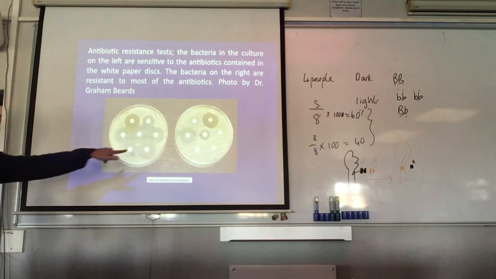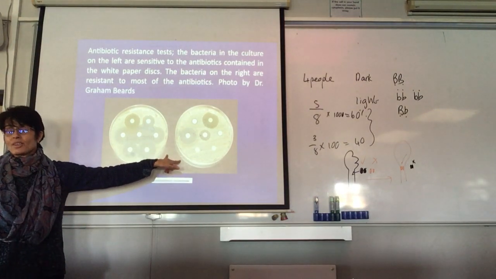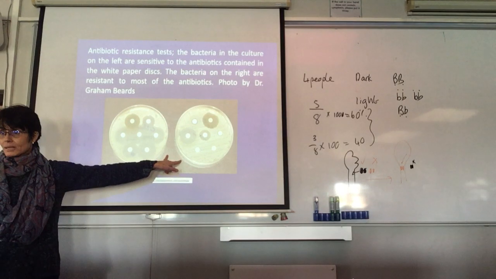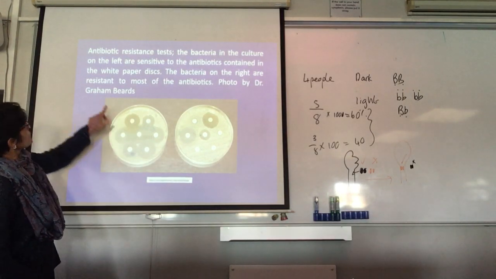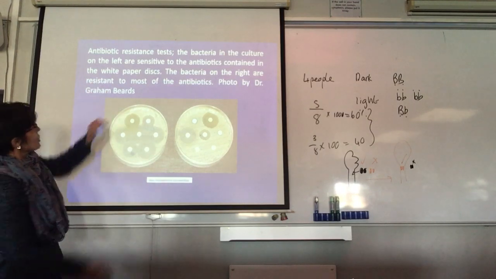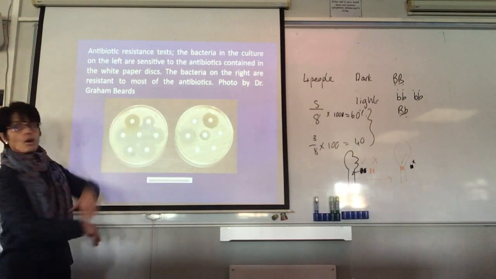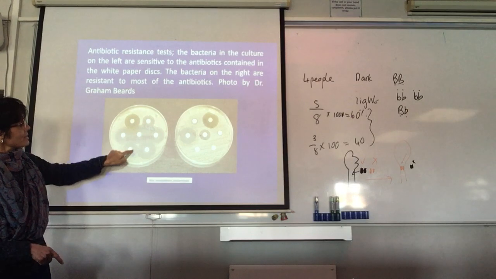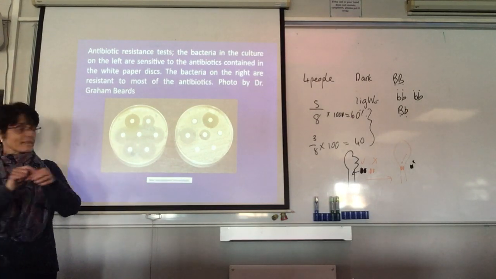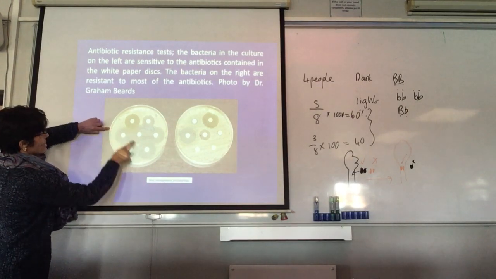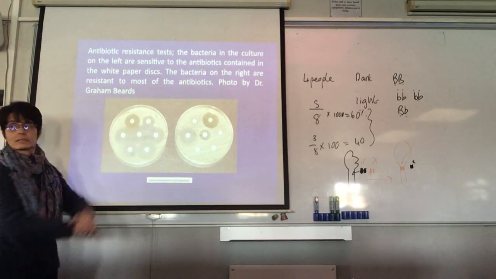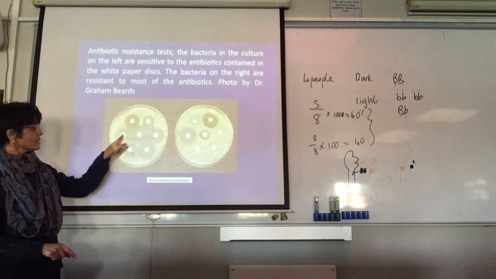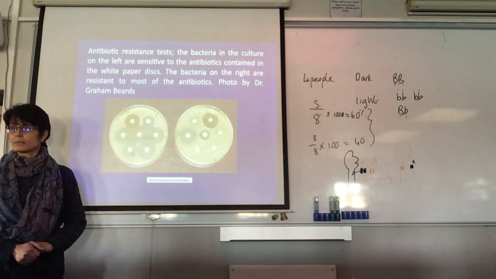They had a question on this in one past paper. They brought in antibiotic resistance in the scenario of evolution. So, antibiotic resistance tests. Remember, bacteria grow over the agar, and then they soak these little discs in different antibiotics. All of these bacteria were killed around every single antibiotic disc, so all 7 antibiotics work against the bacteria.